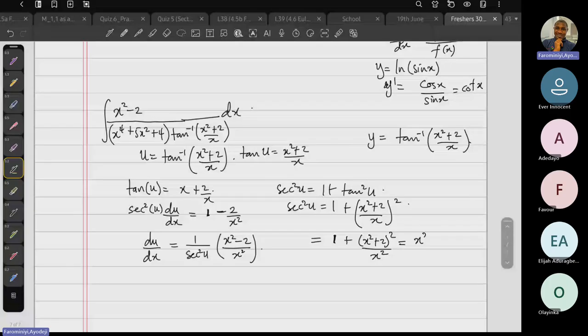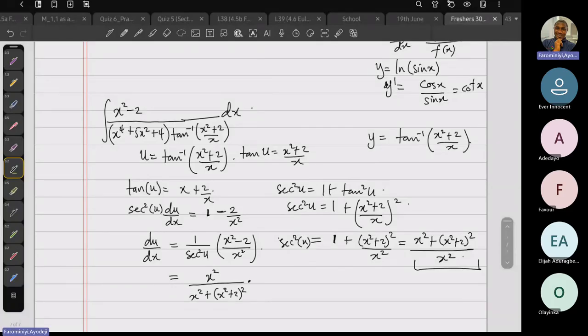So 1 over sec squared u will be the reciprocal of this, which is x squared over (x squared plus 2) squared, times (x squared minus 2) over x squared. Interesting. du dx. So x squared cancels x squared, right?